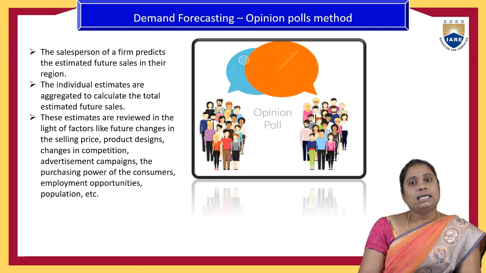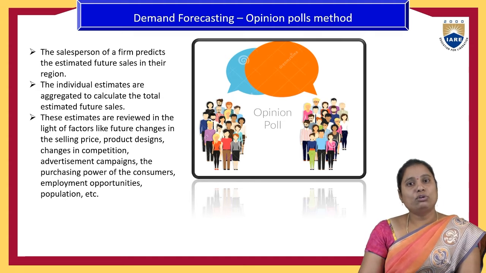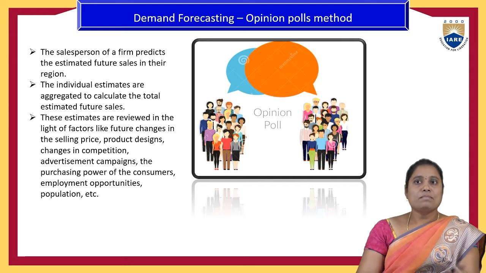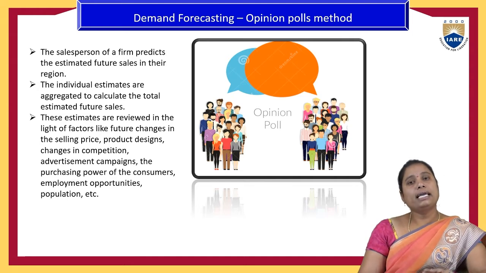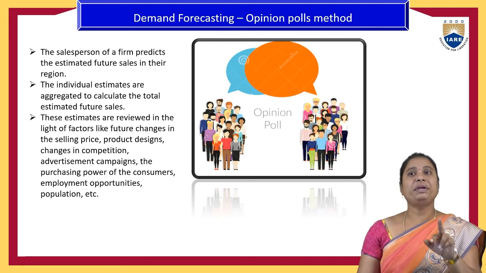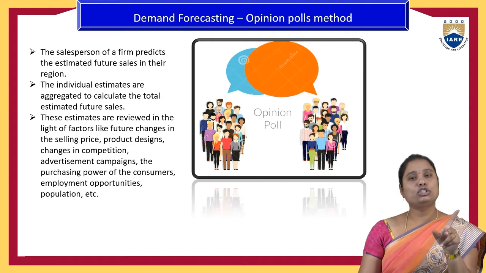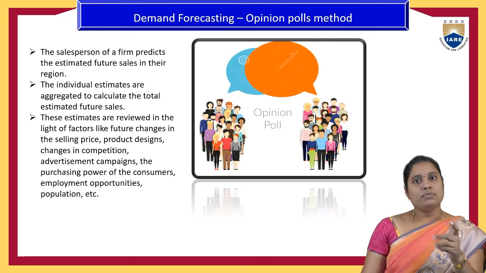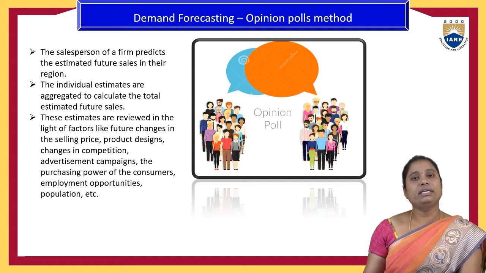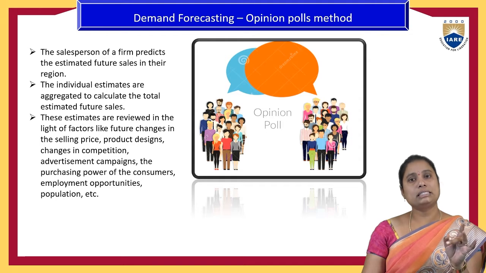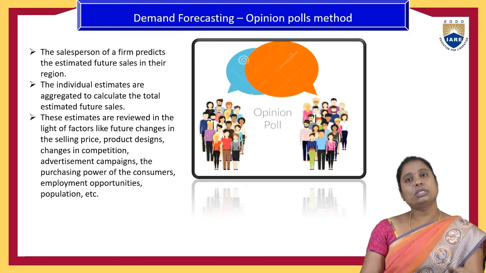If not, they can go for the second method, the qualitative method, that is the opinion poll method. Opinion collection is categorized into two elements: one is collecting opinion from the middlemen or distribution channels, and the other is opinion collection from experts. The first is opinion collection from the distribution channels, that is, the retailers, wholesalers and traders, because they are closest to the customers.